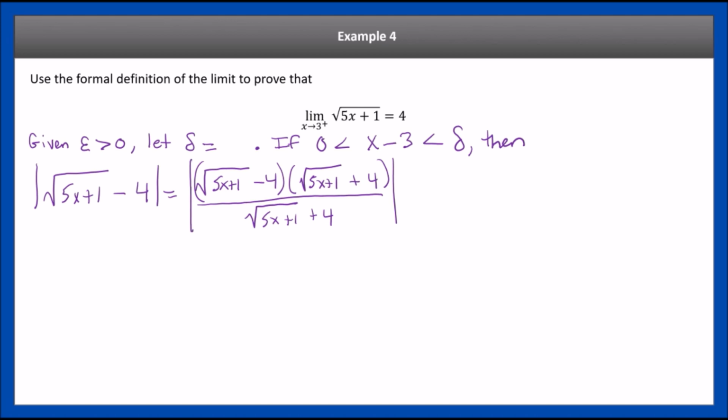Okay, so we got this, and then we are going to distribute on the top, and that gives us 5x plus 1 minus 16. I'm assuming you know how to FOIL that, so I'm just going to leave it at that. Over, and we don't have to do anything to the bottom, just leave it. All right, so cleaning this up, this is equal to, let's do that over here, 1 minus 16 is negative 15.